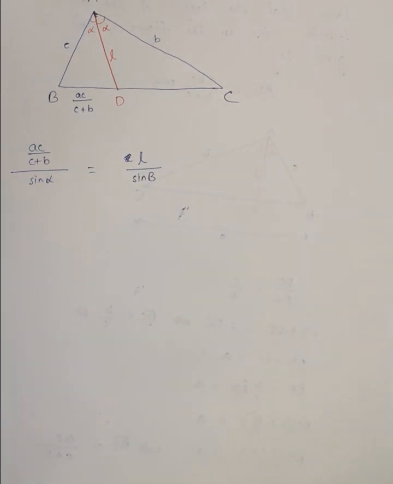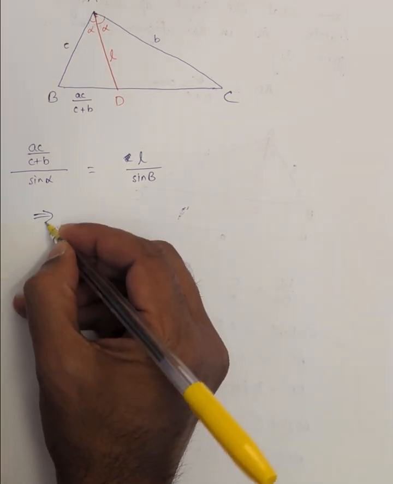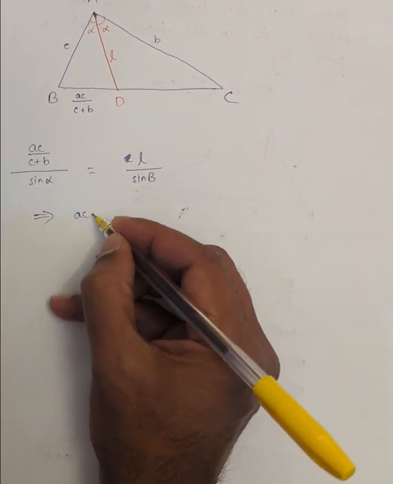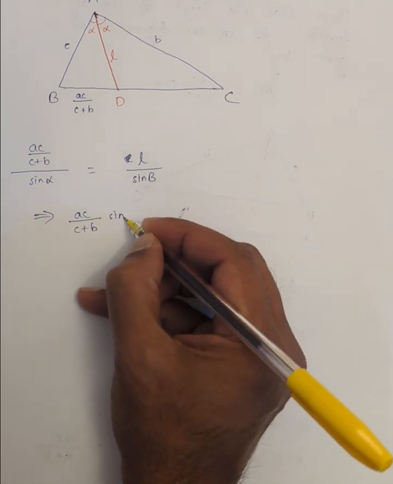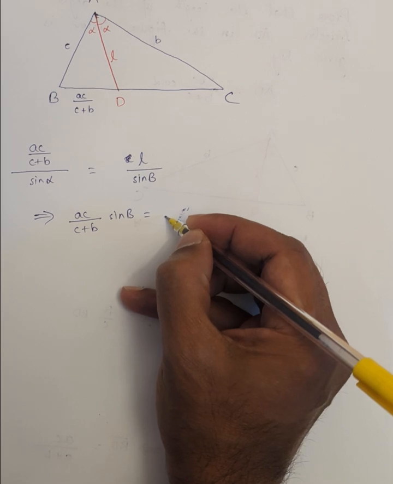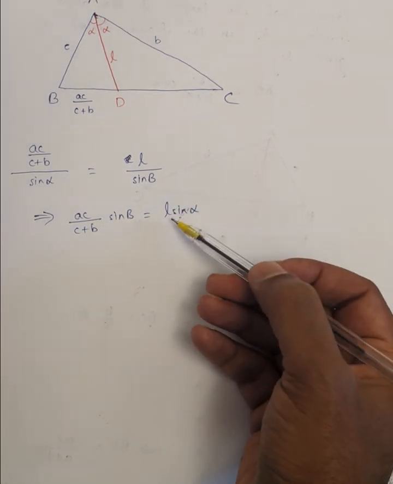So this is one relationship. Let's cross multiply. AC over C plus B times sine B is equal to L sine alpha. All right, the goal is to find L.